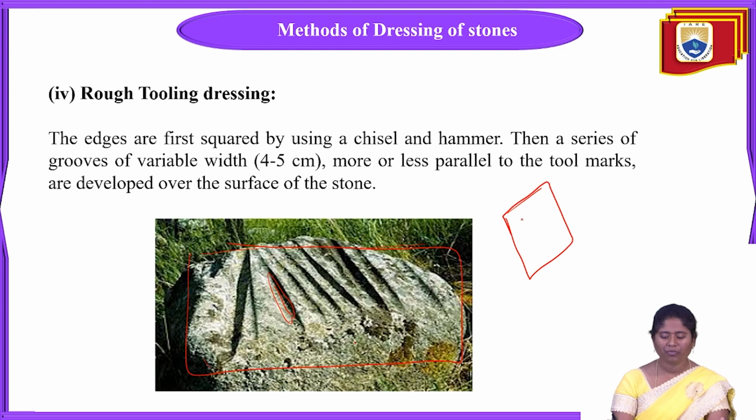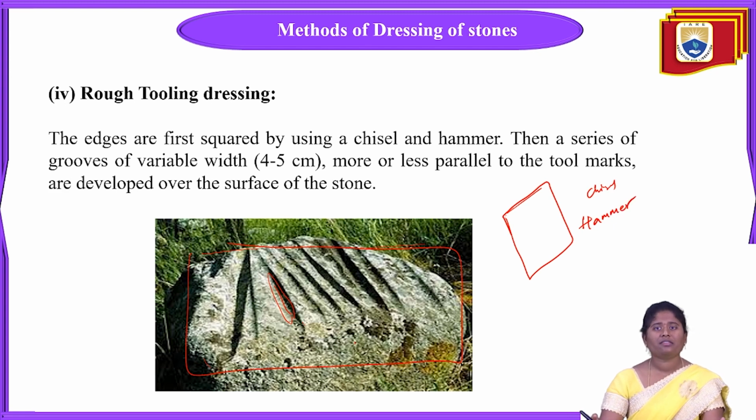Firstly, this irregular shaped stone is taken, and after that we make that stone into a particular shape, rectangular and also square shaped. Firstly, we make the edges in square shape by using this chisel and also hammer.